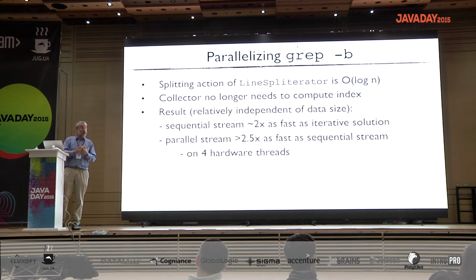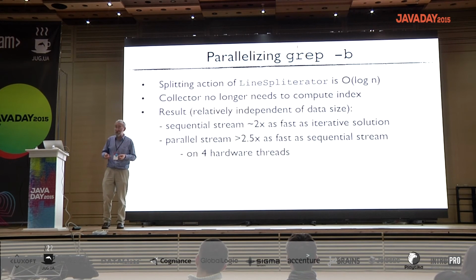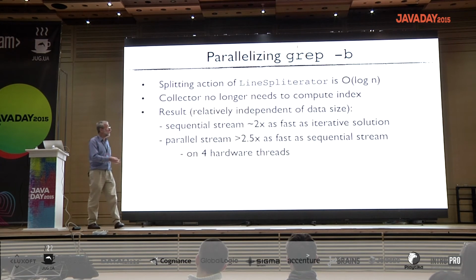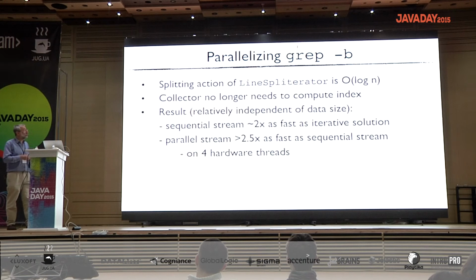And now we can focus on the really difficult, expensive part, which is the regular expression matching. Luckily, regular expression matching is expensive enough to justify the overhead of splitting and then merging again. And this is what you have to look for if you want to go parallel with stream code.